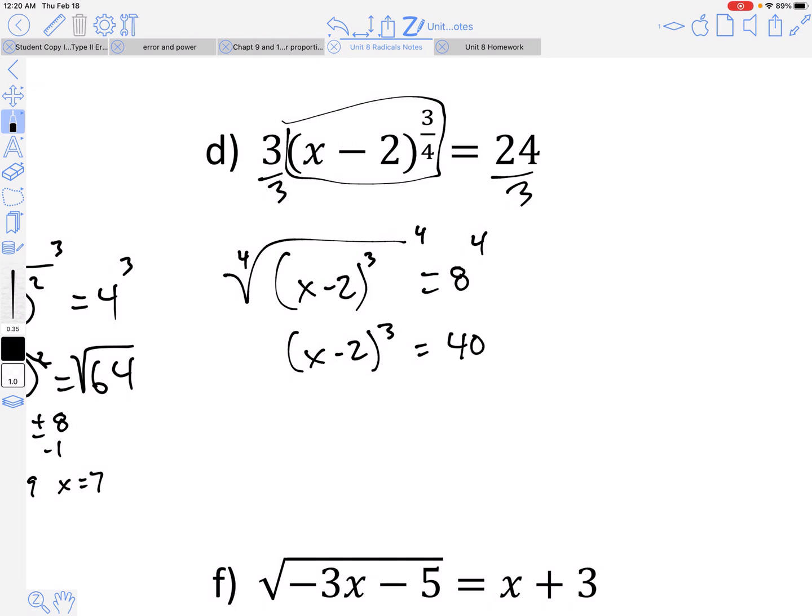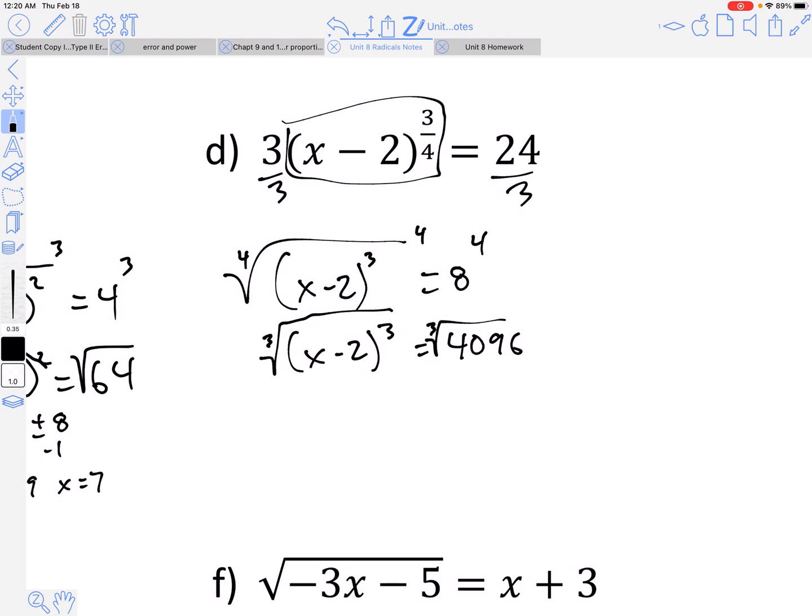We have 4,096. Now I'm going to take the cube root of that number. Now cube roots produce a negative if it was negative, and a positive if it was a positive. So we don't have to worry about positive or negatives on this one.